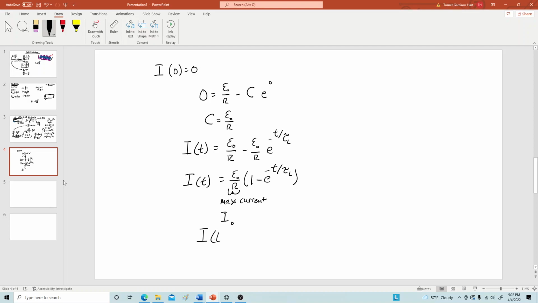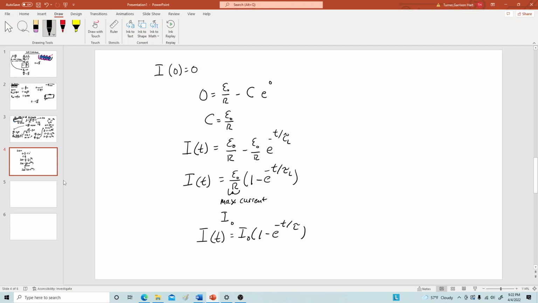And then our current as a function of time is equal to I naught times the quantity 1 minus e to the negative t over tau. Now, what does this quantity look like?